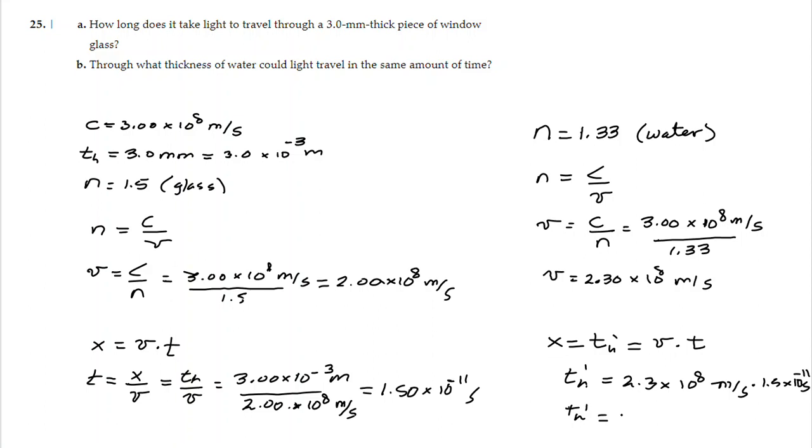So it will be 3.45 times 10 to the negative 3 meters, which is 3.45 millimeters. And here we got our answer.